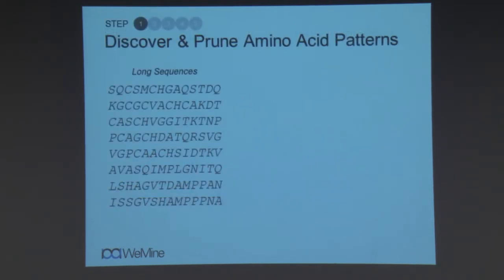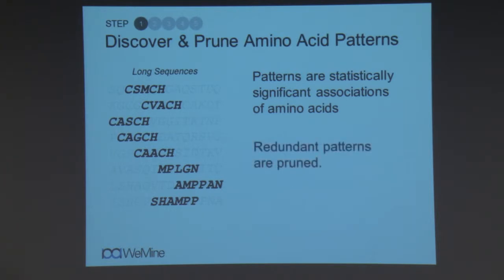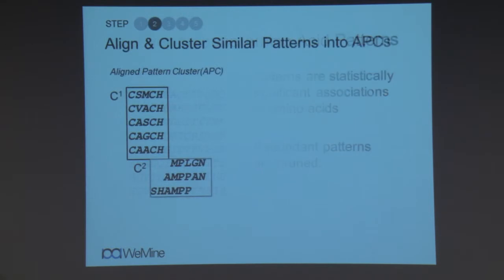Now, let me give an example. Suppose we have a long sequence, just characters, and we don't know what they are. But by pattern, we discover some associations, wherever they are. We don't need a consensus region. As long as they are similar, we can discover them. Then we remove the redundant patterns. By redundant, if the super pattern contains a sub-pattern, it's redundant, and vice versa. Then we align them.